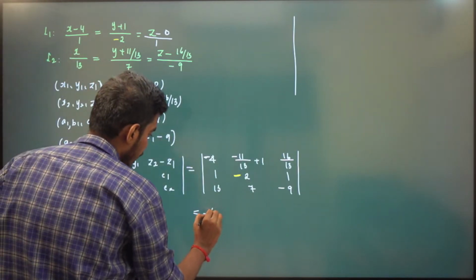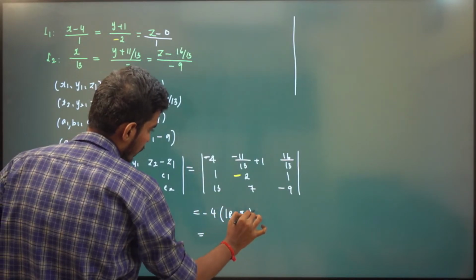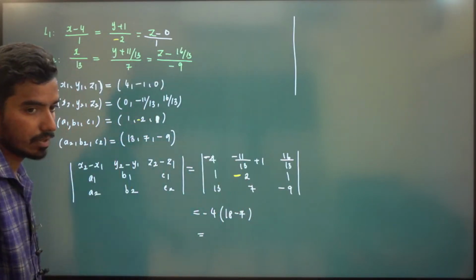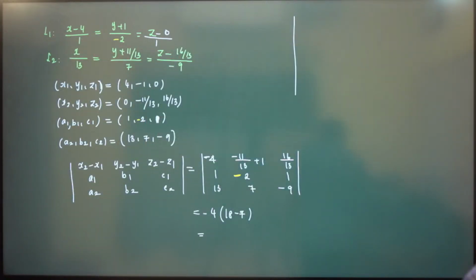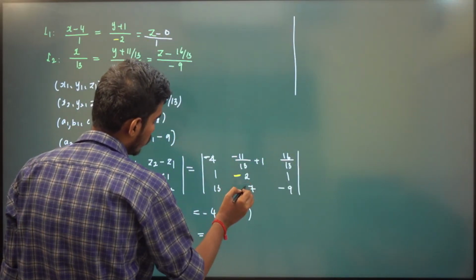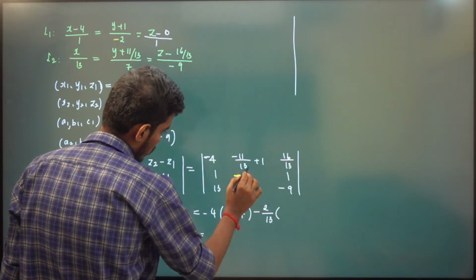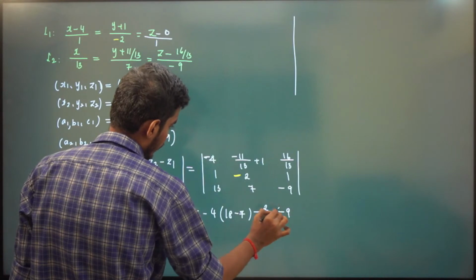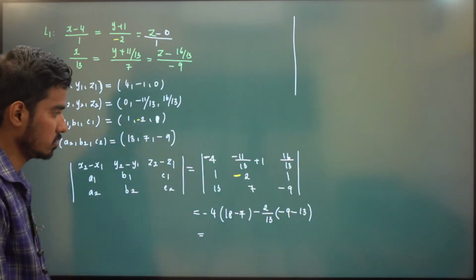This will be minus 4 into 18 minus 7. This will be 13 minus 11 is 2 by 13, right? So we'll have minus 2 by 13, minus 9, minus 13, right?